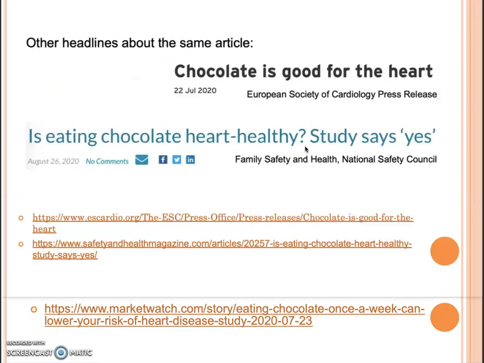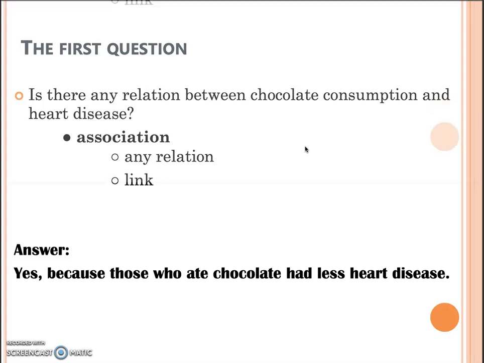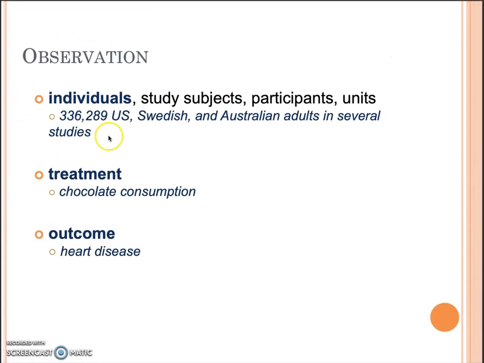Look at the individuals here. Earlier, our individuals were more than 336,000 adults. We are not sure they were randomly selected.